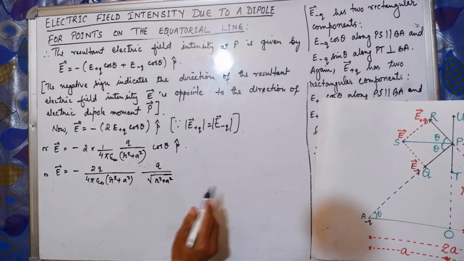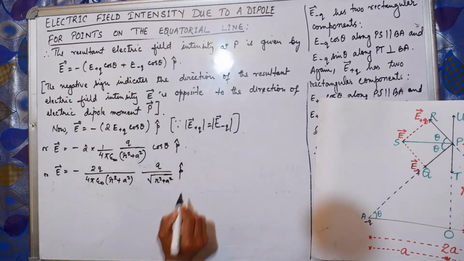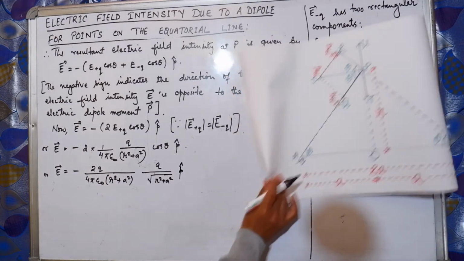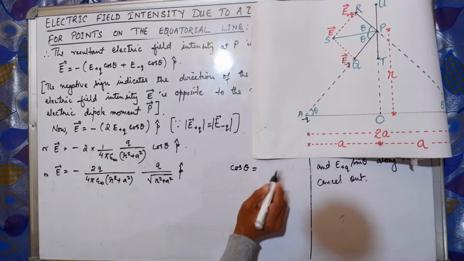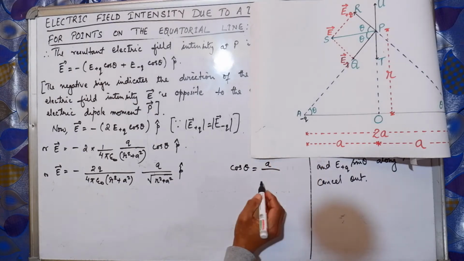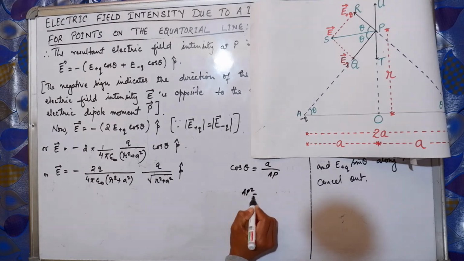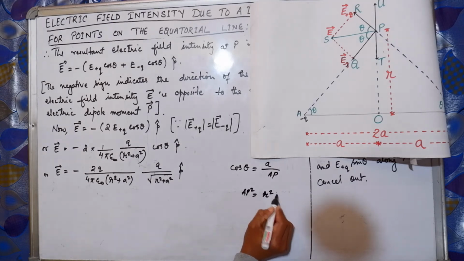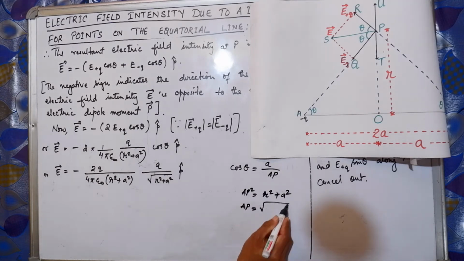Let us write first this one, unit vector P. Then if we look in this diagram, cos theta will be equal to the base which is A, by the hypotenuse which is AP. But we know that AP square is equal to R square plus A square, so AP will be equal to root over R square plus A square.